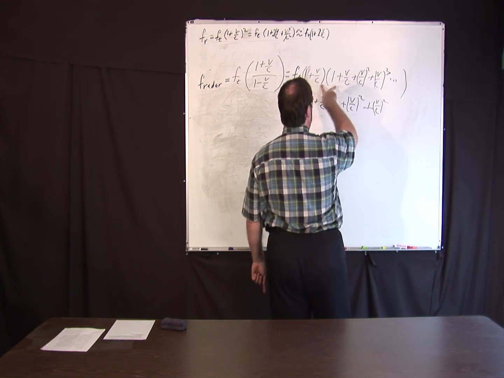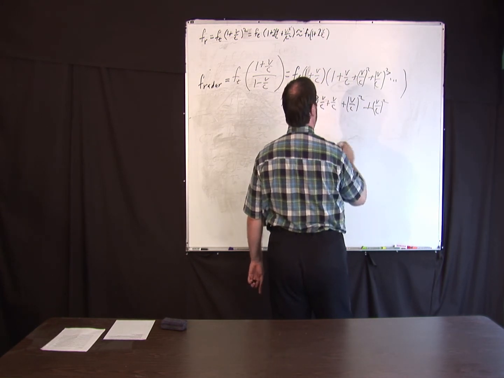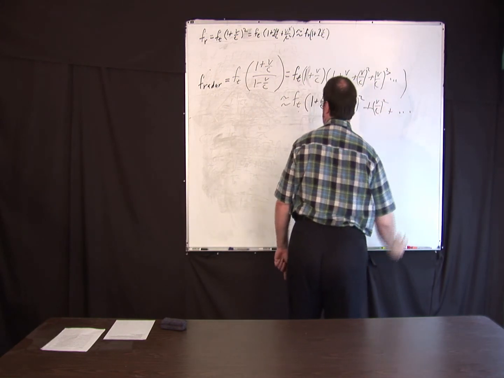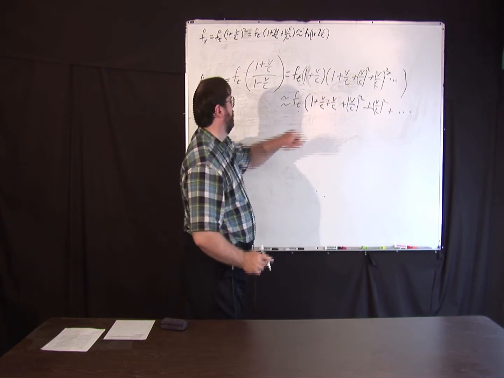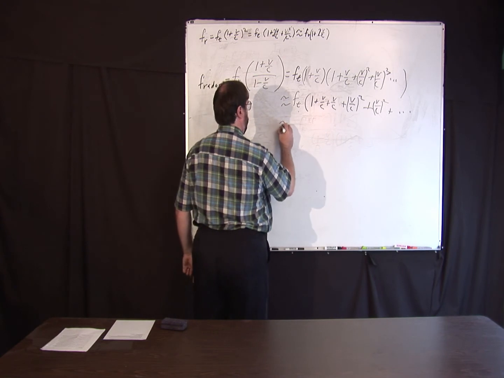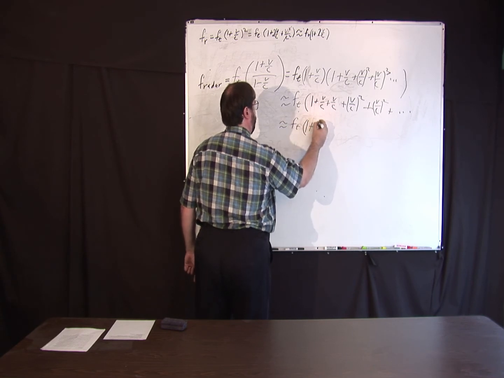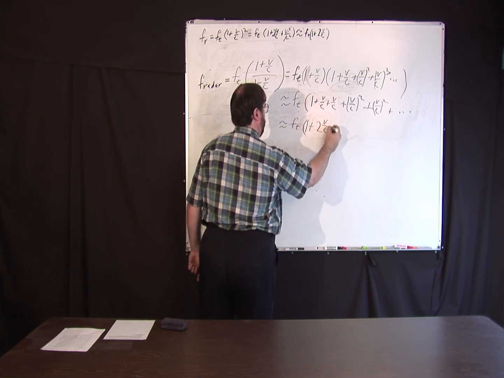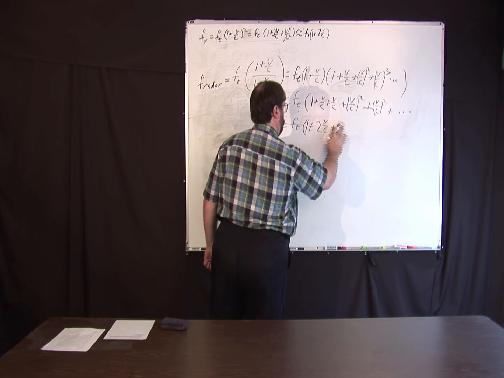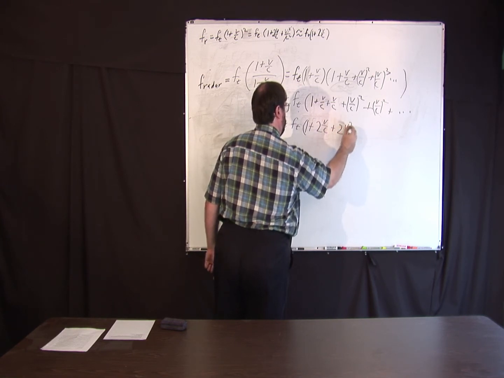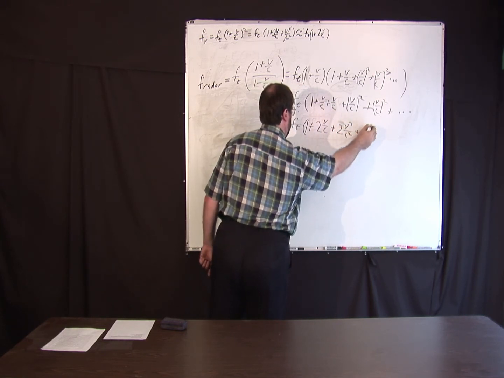So we got this one and that one, and there's other terms. So this is equal to frequency of transmit times 1 plus 2v over c plus 2v squared over c squared plus dot, dot, dot.